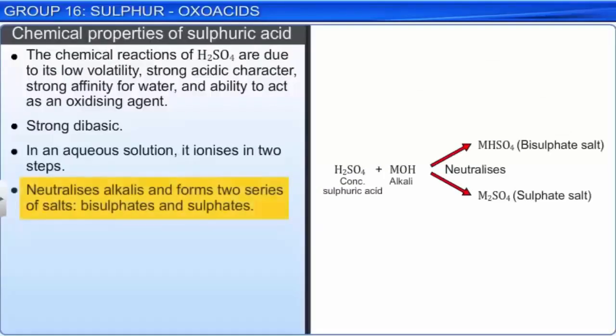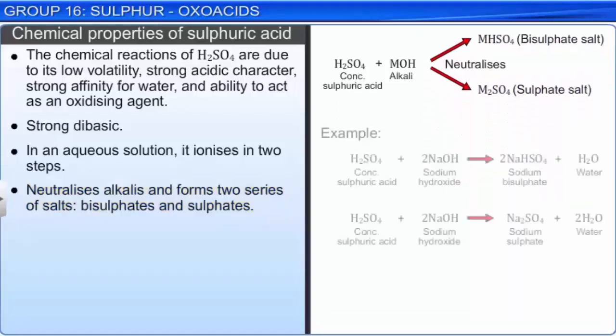The acid neutralizes alkalis and forms 2 series of salts, bisulfates and sulfates. For example, concentrated sulfuric acid reacts with sodium hydroxide and forms sodium bisulfate and sodium sulfate, as shown in the equations here.